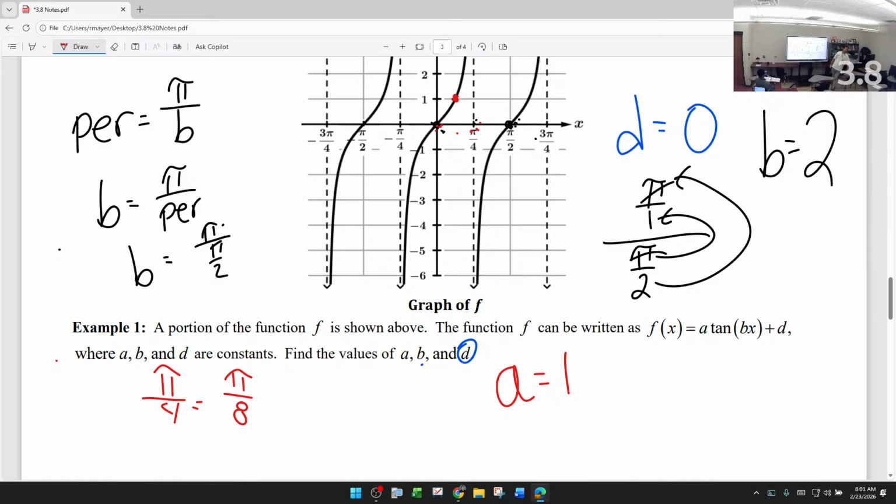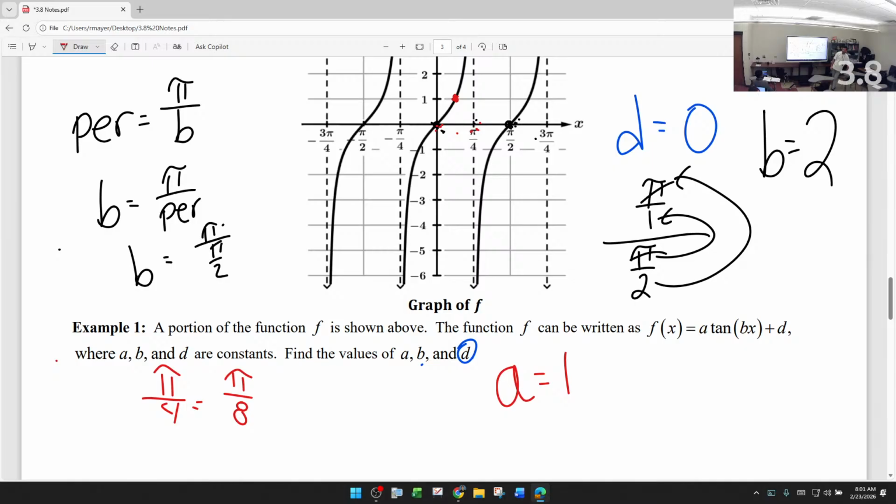Well, I'm trying to explain how I got one. Can somebody tell me how I got one? I'm trying to figure out how you guys think. You don't have a clue how I got one?